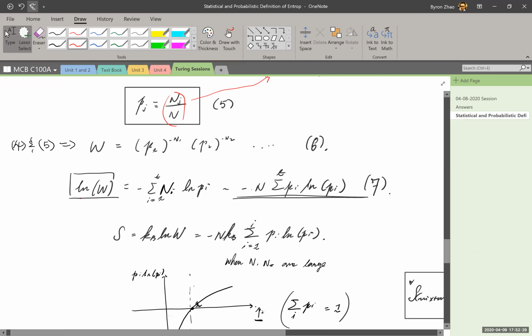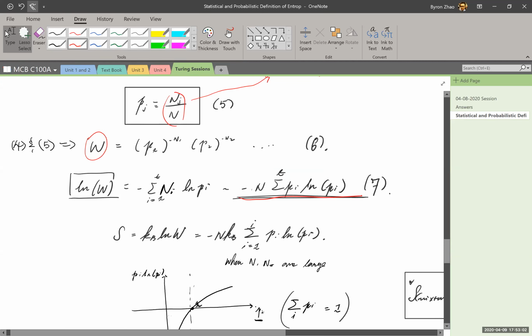And if we take the logarithm of this equation number 6, what we will get is this formula. And then if we divide n on the inside, and times n on the outside of the sum, what we get is this formula. Now we have rewritten the multiplicity.